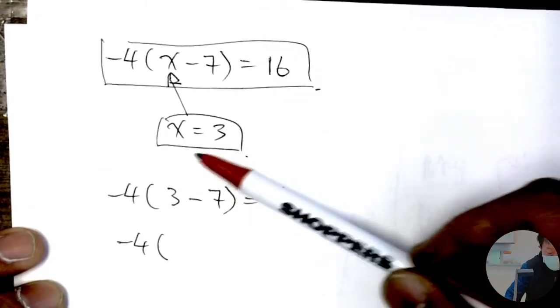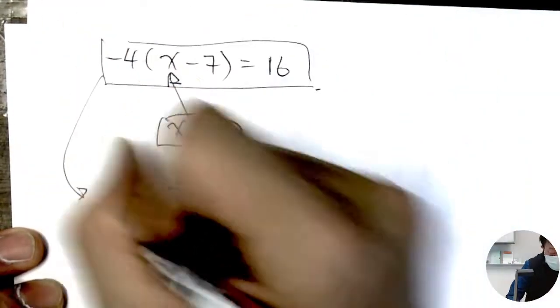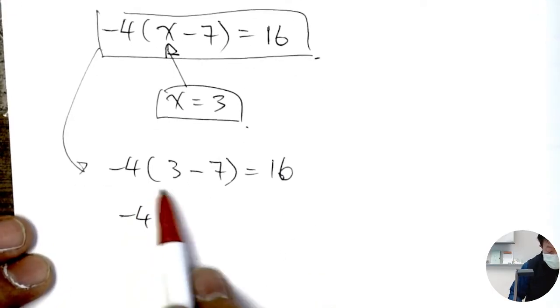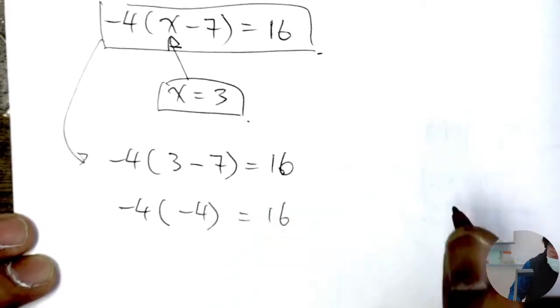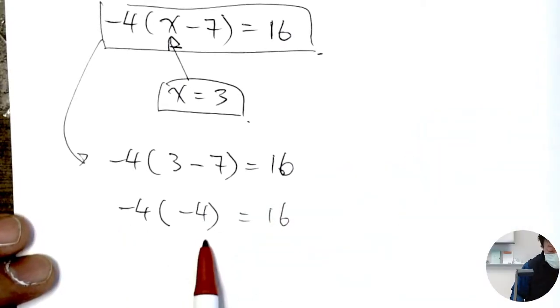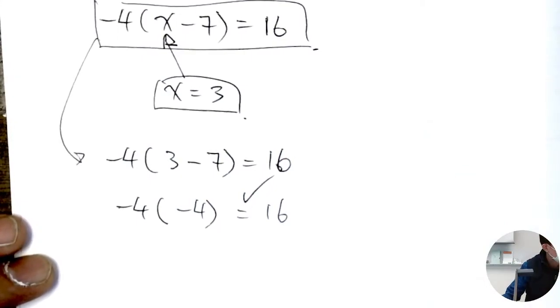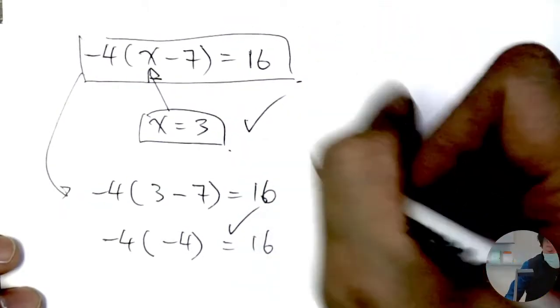Then I put this 3 instead of x, and I rewrite my equation. It looks like this. Then I solve for the bracket. Negative 4 equals 16. It's negative 4 times negative 4 equals 16. That equation checks out. That means that 3 checks out, and that means I got a point for this one.